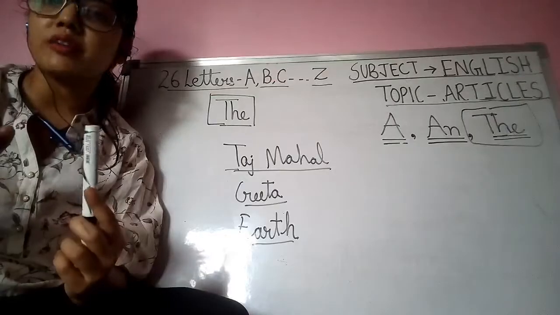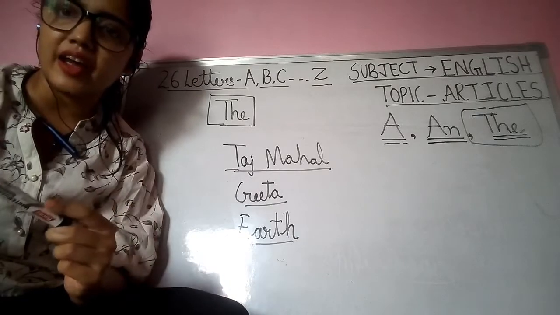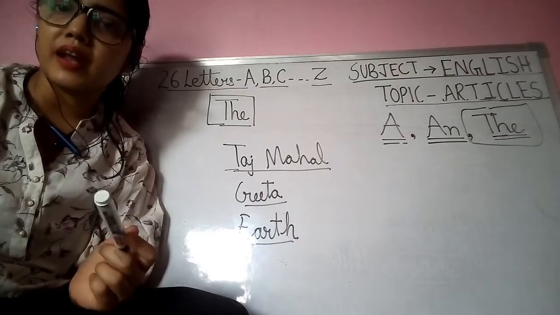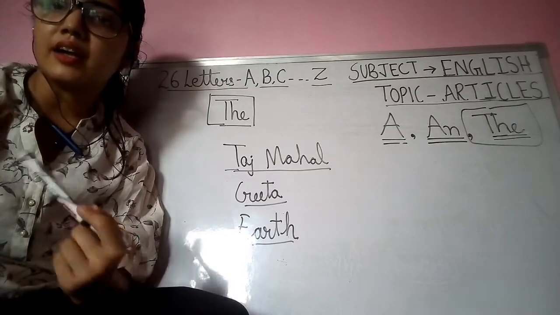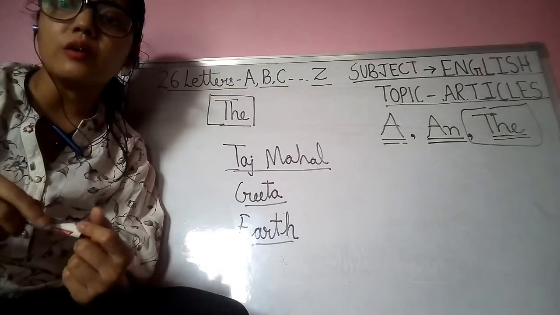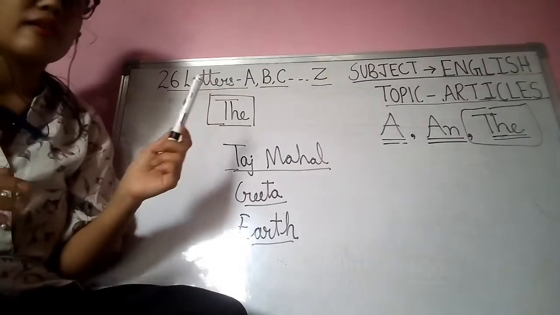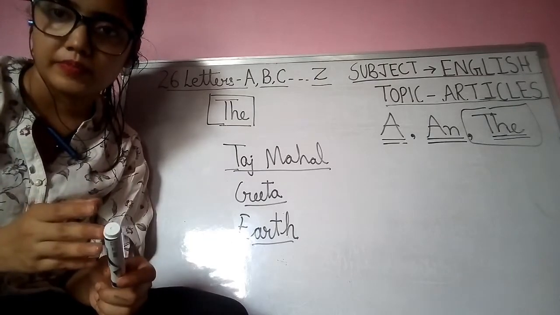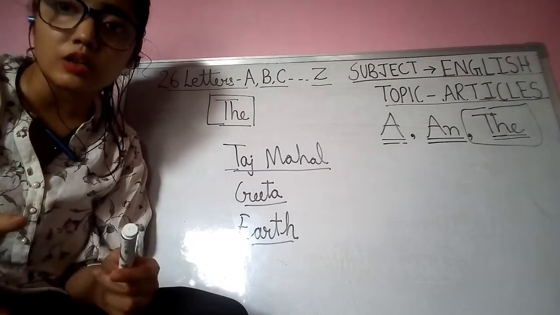Now we have learned the use of a and an. We use a or an with any person, place or thing, like a girl, a boy, an apple. Now we use the for any definite place, animal or thing.